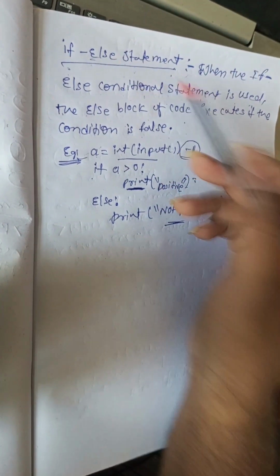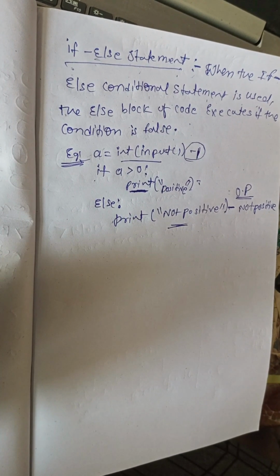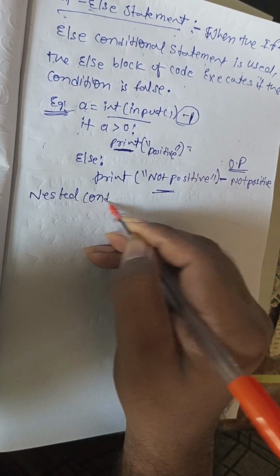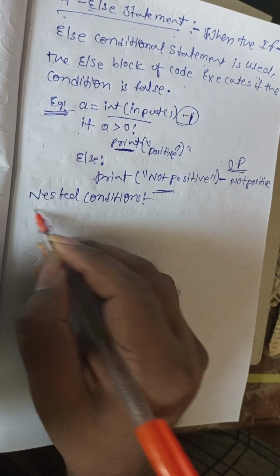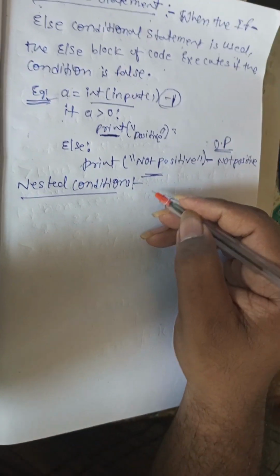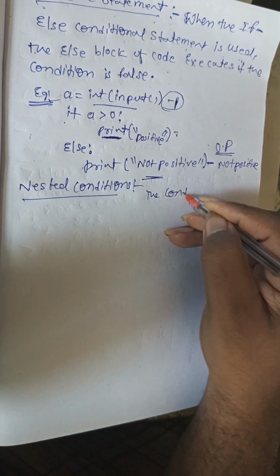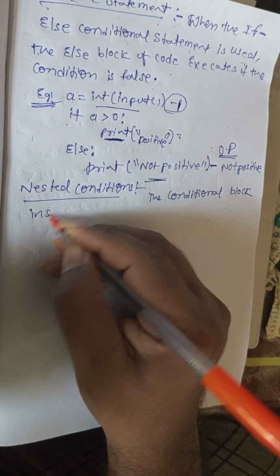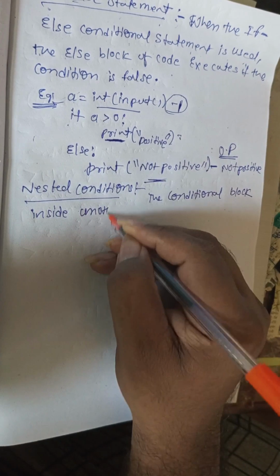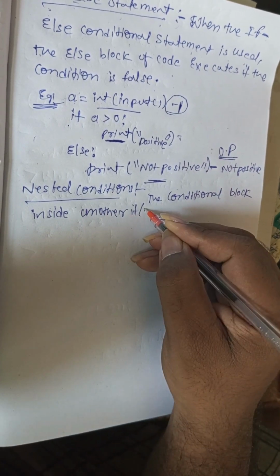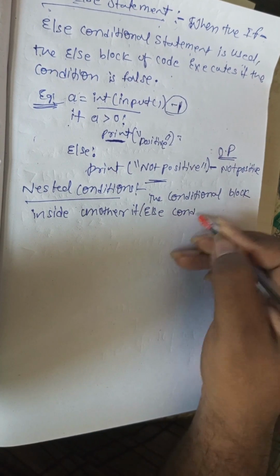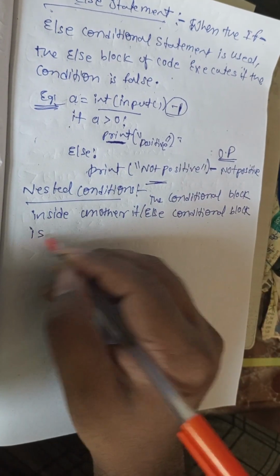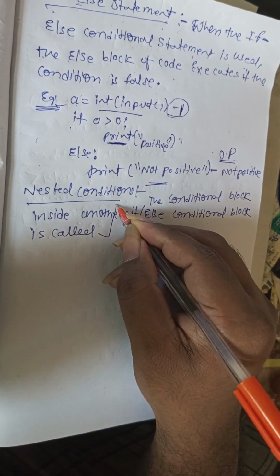Okay, next coming to nested conditions. Nested conditions, see here, nested condition means the conditional block inside another if-else conditional block is called nested conditions.